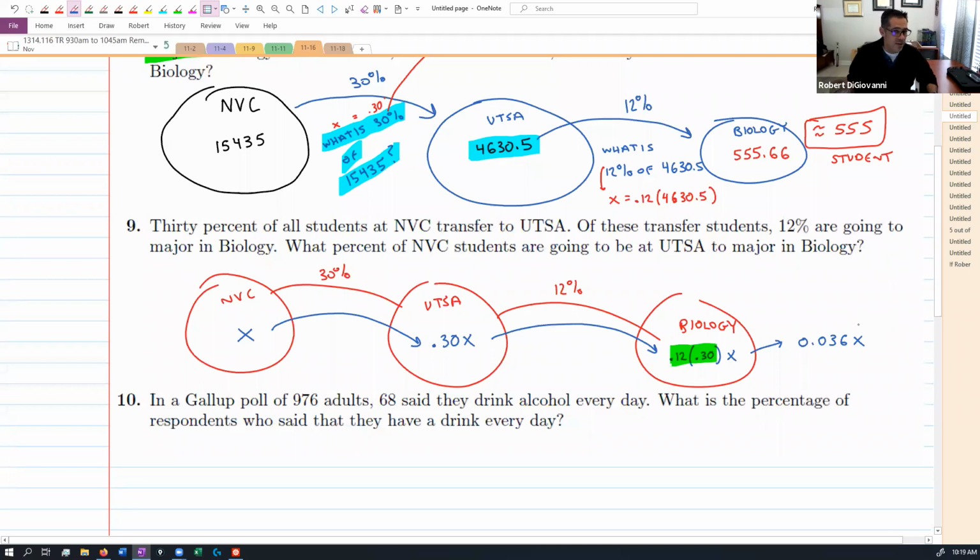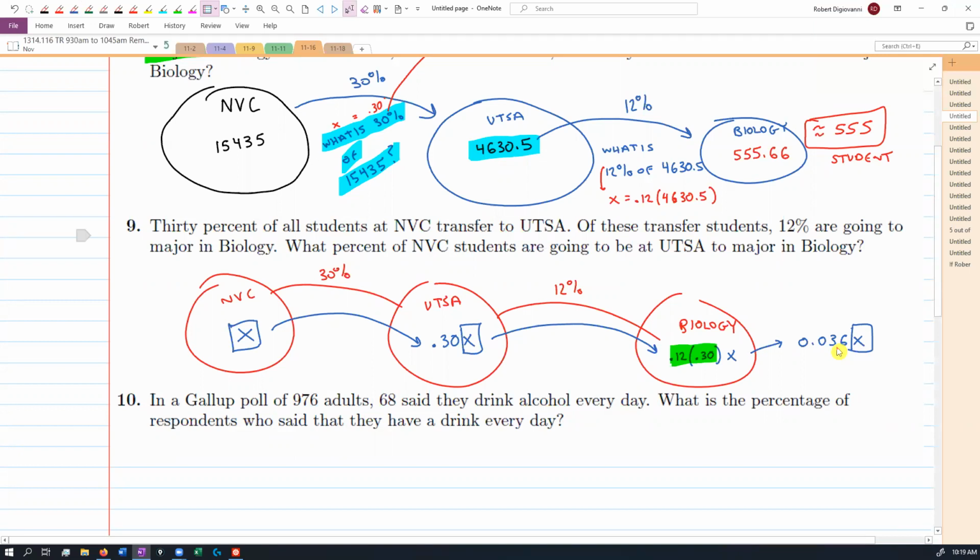What does that tell you? You start off with the full population. You go here, now you're at 30% of the population, and then you go 12% of that, and you wound up with 0.036 of the population. What does this number represent? Amount of students going into biology. Exactly.